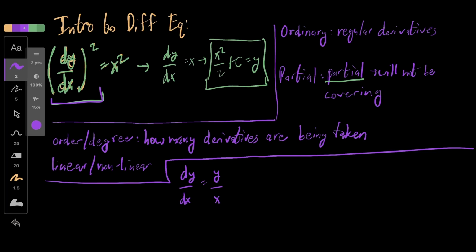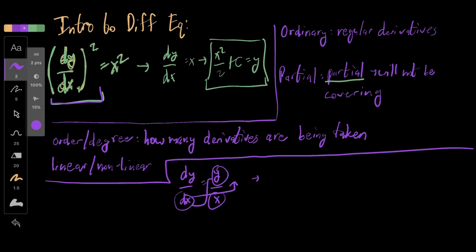But what if we take this dx and put it on this side, and what if we had this y and put it on this side, and this x we keep over here, and then have the dx go on this side?